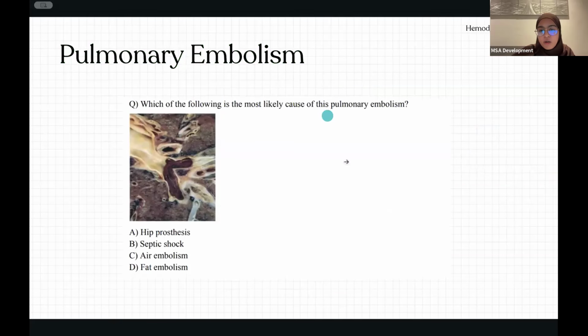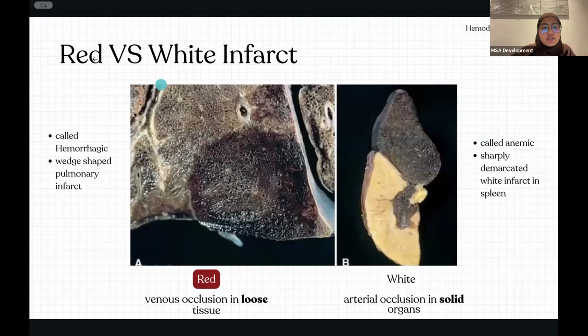And this is an example of how the questions are. Which of the following is the most likely cause of a pulmonary embolism? A. Why A? Because we mentioned that in a fracture of long bones or in orthopedic surgery where they would work with bones which have a lot of fat, that could break off and then go to the lungs, causing the pulmonary embolism.